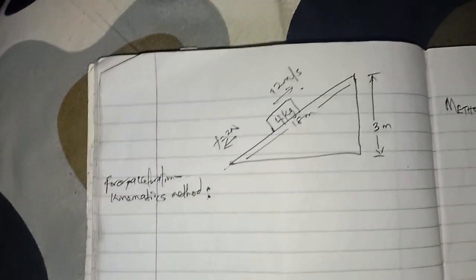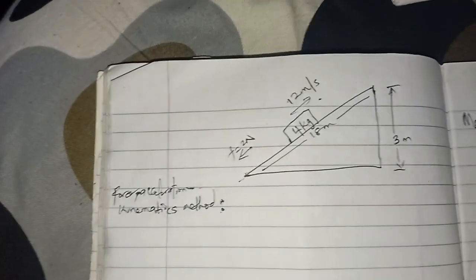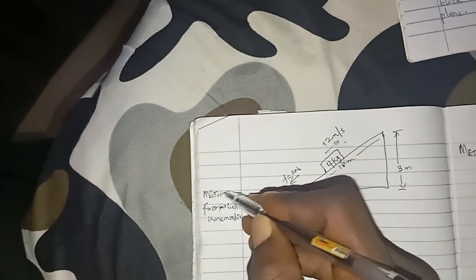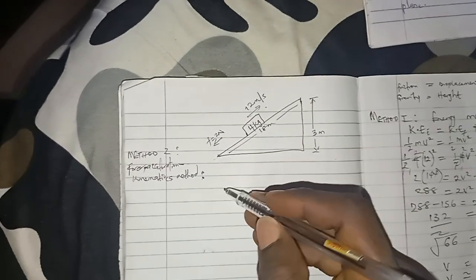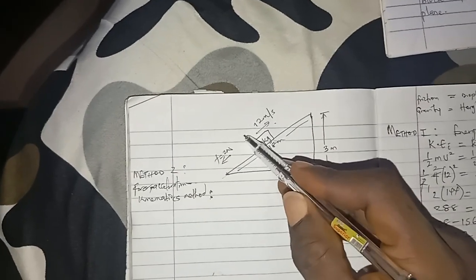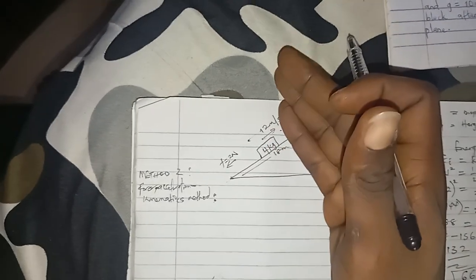So if I'm using this, what I'll do first, step 1, if I'm using the second method, that is method 2. I hope it will give me space. I just want to do it here because of the space. Method 2. What I would simply do is to say, since this body is thrown up, there is no pulling force, it's just thrown up. Because it's thrown up, there are forces that want it to come back down. The first one on an inclined plane is along the x-axis.